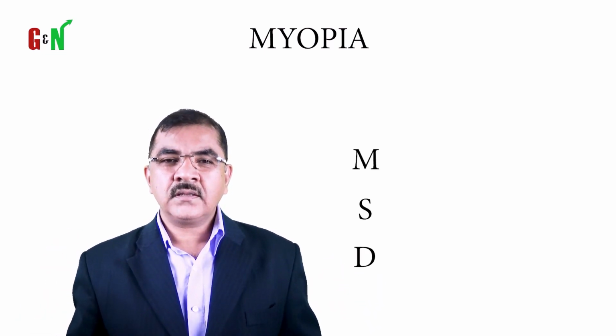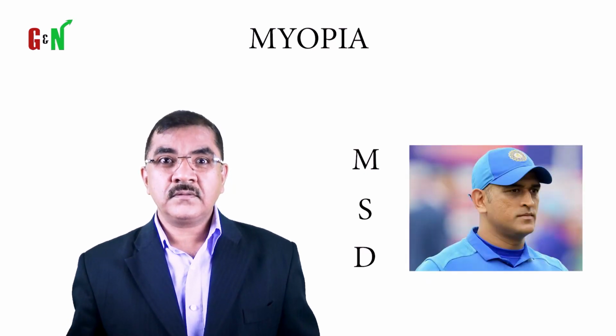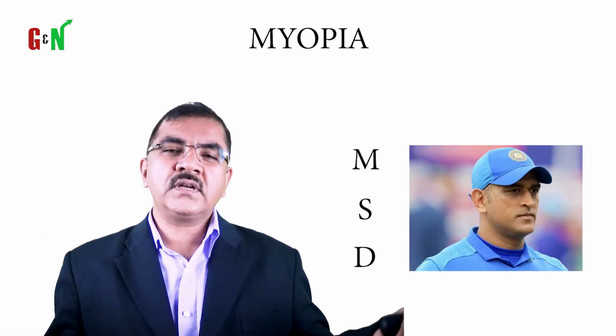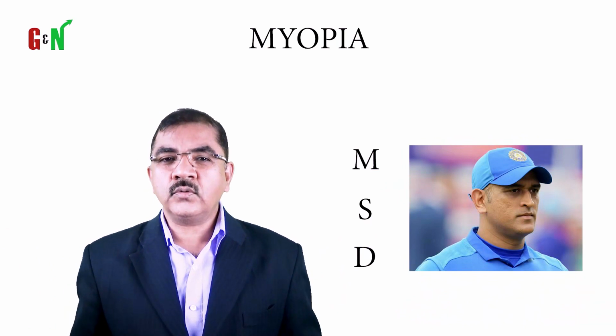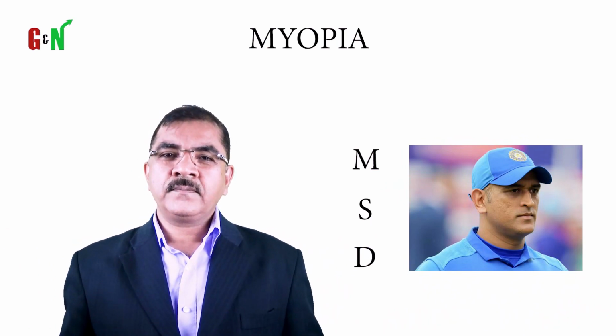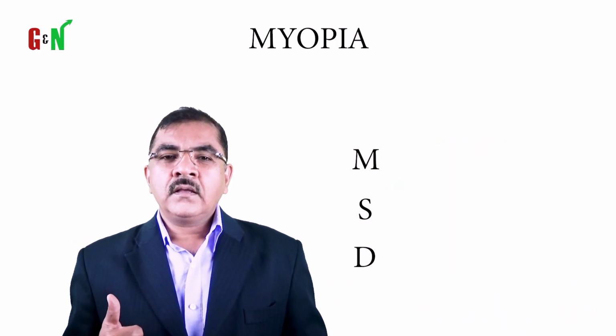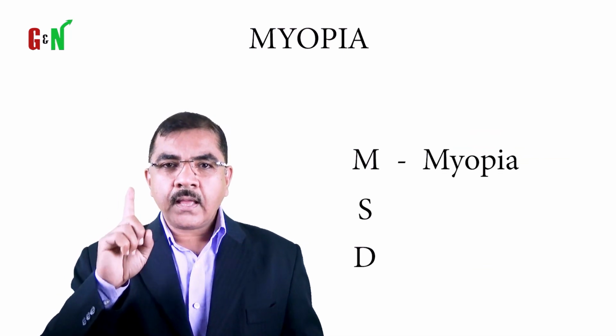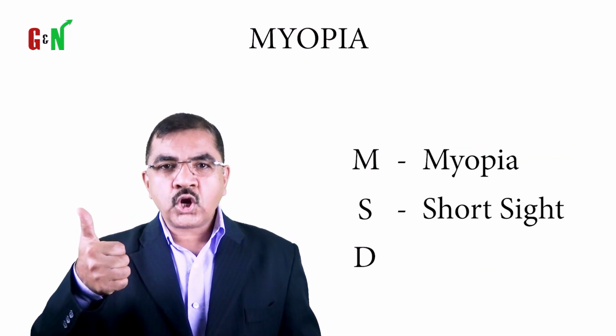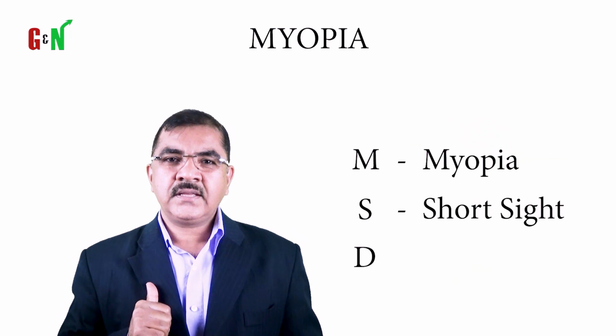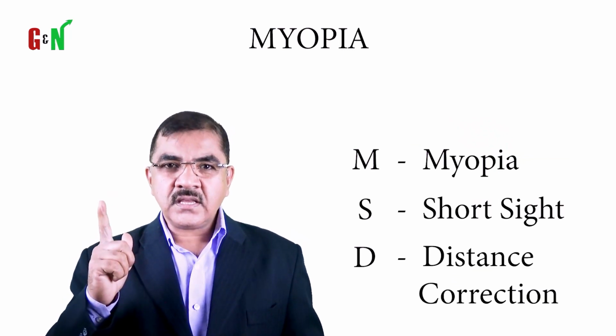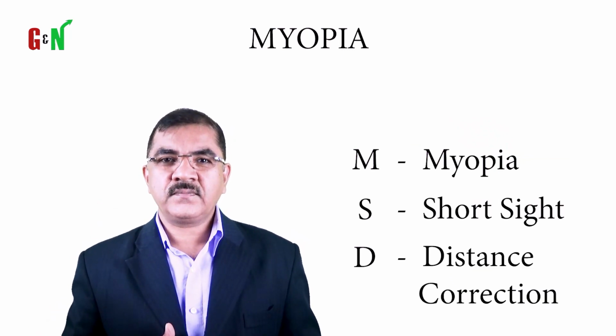I teach it in a very simple, easy way. For people who are from India, they know MSD, right? Mahendra Singh Dhoni. People outside India who play cricket also know who is Mahendra Singh Dhoni. Myopia, M, short sight, S, D for distance correction.